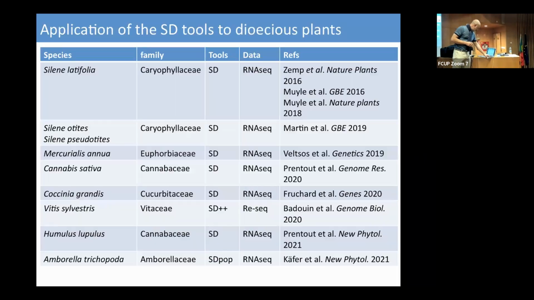Okay, so these methods, we have applied them to a number of dioecious plants. And today I'm going to focus on 3 examples: Silene latifolia, a wild plant, and Cannabis sativa and Vitis sylvestris, 2 crops.